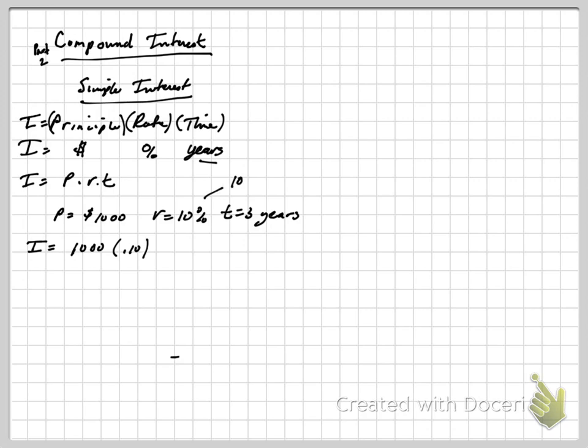So 10% is 10 per 100, and 10 divided by 100 is 0.10. So that's where this decimal comes, or some of you know, you just move it 2 places to the right if that's what you want to do. So the interest, when you calculate, is going to work out to be $300.